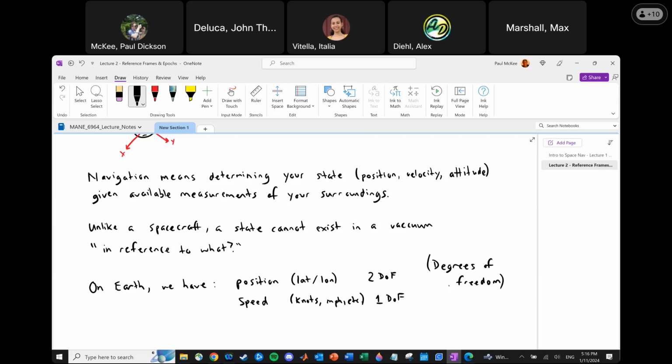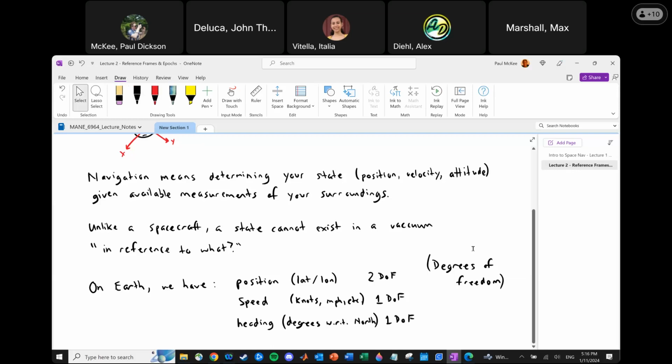And then you also have heading, which would be maybe degrees, if you're reading off a compass, degrees with respect to north would typically be how we would describe heading, which is 1 degree of freedom. So hopefully people are convinced that on the surface of the Earth, if you know 4 numbers, you know your state. You know where you are, you know how fast you're going, and you know where you're going.